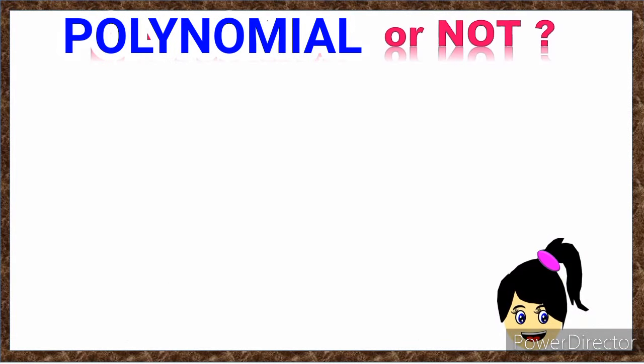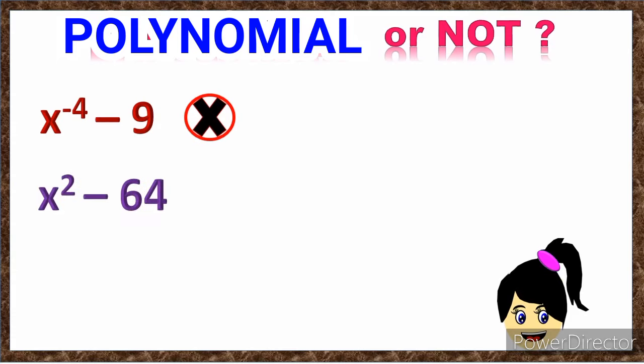Okay? So, next, let's identify the following expressions, whether it is polynomial or not. X raised to negative 4 minus 9. Polynomial or not? Okay, so this is not polynomial because of the exponent negative 4. Okay, next, let's have another one. X squared minus 64.